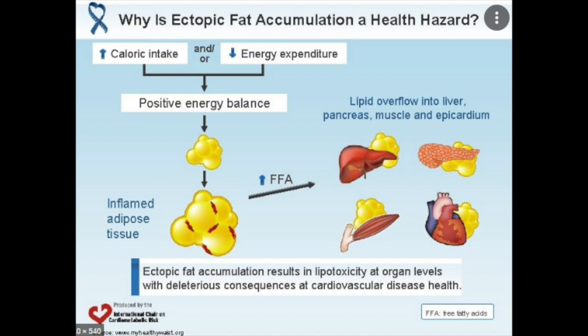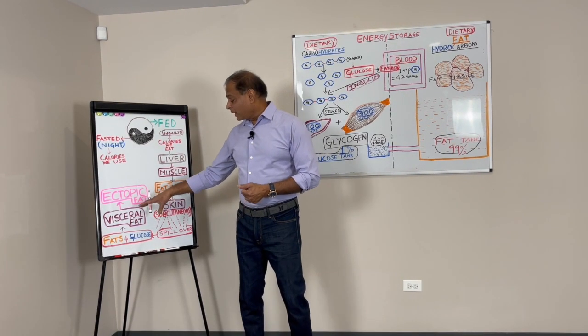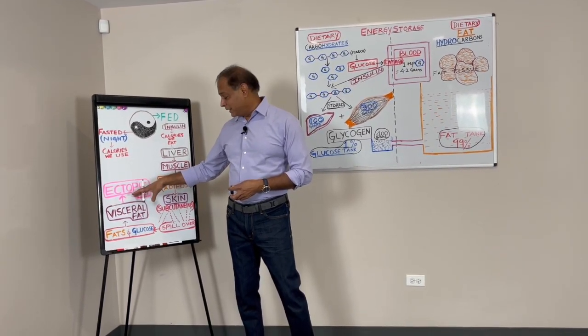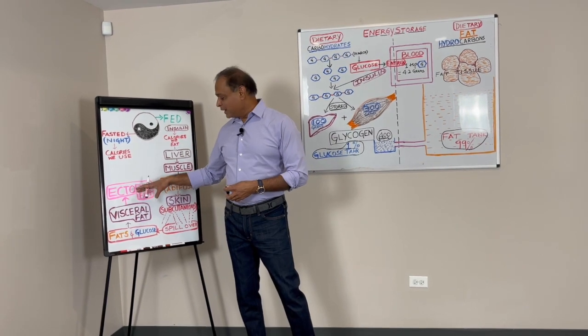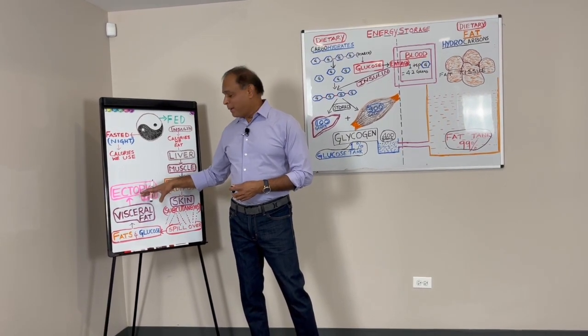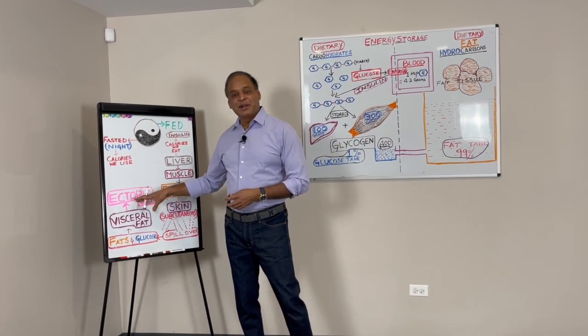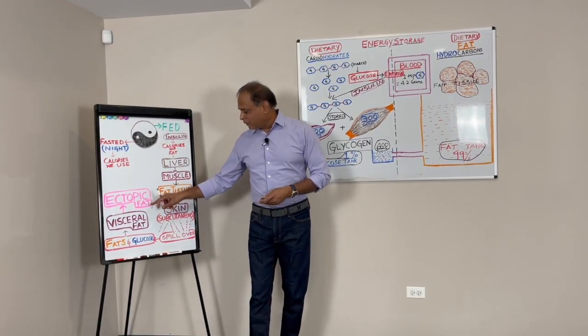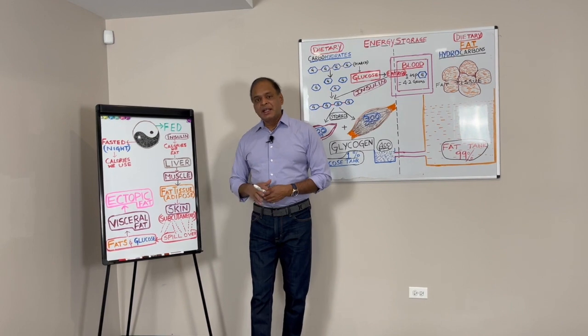So that is the ectopic fat. I don't know if you want to give the analogy in bank or money terms, whether we could call this a Swiss bank, but it is something that doesn't belong. Having said that, why is this so important, this ectopic fat and visceral fat?